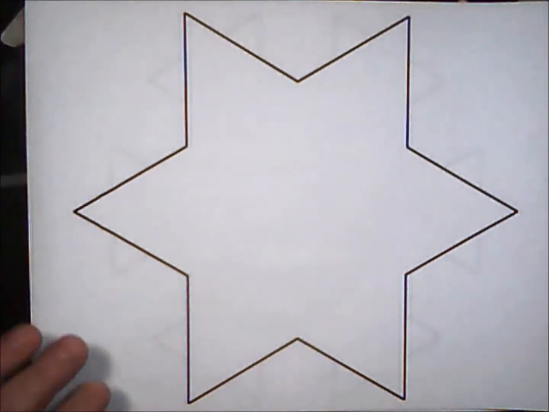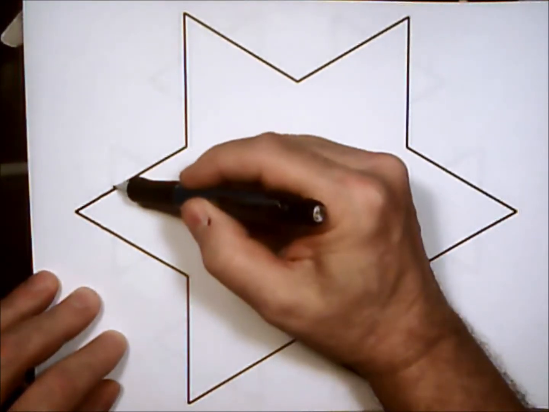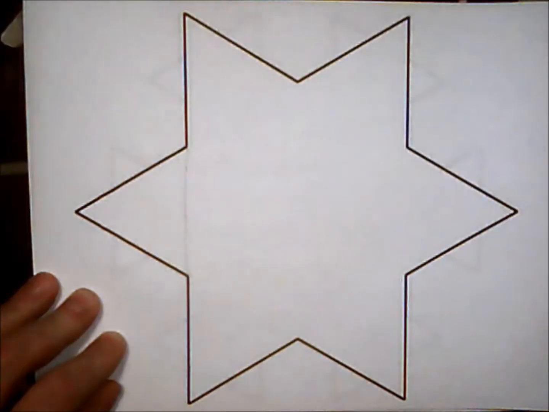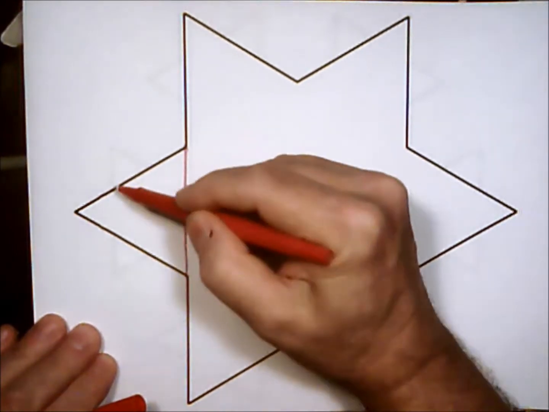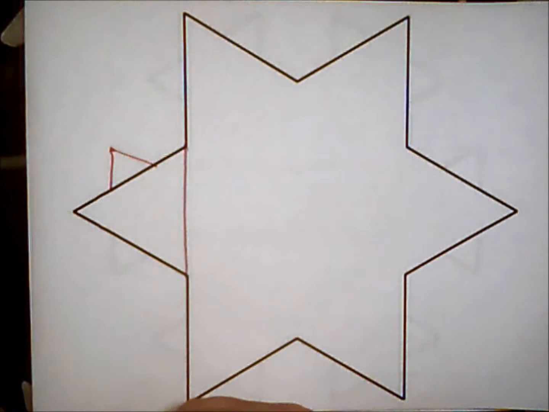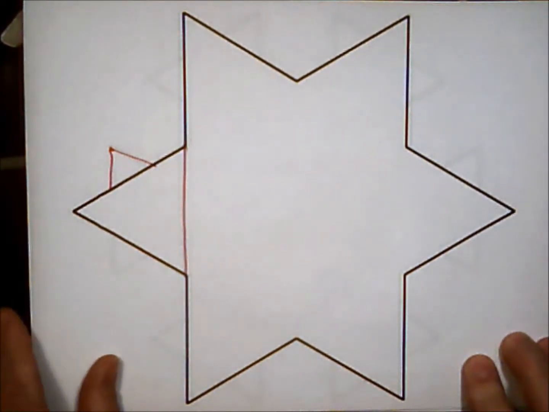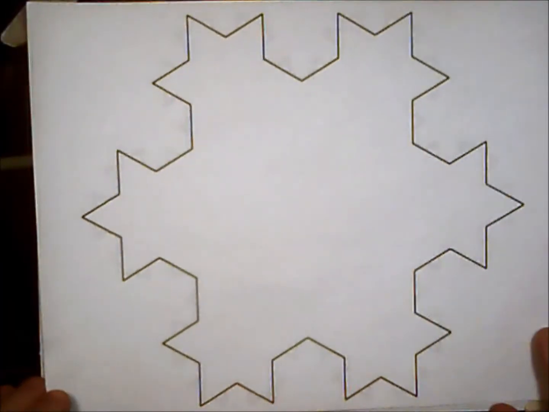Now, I can take this Star of David and add a triangle. This is a triangle. I can do better. I can add another triangle here and do this all the way around and increase the perimeter. But it still basically started out as a Star of David, and that's what I've done here.